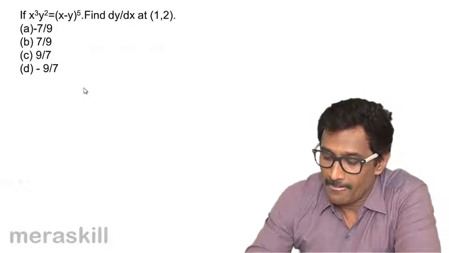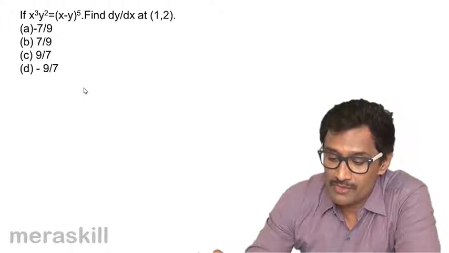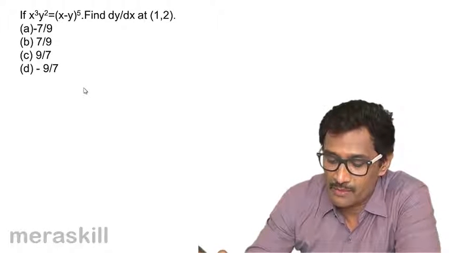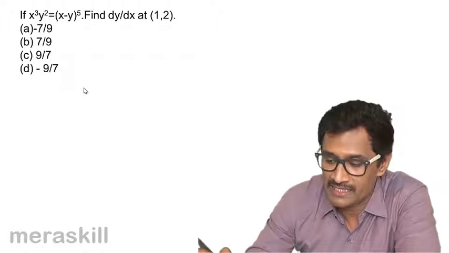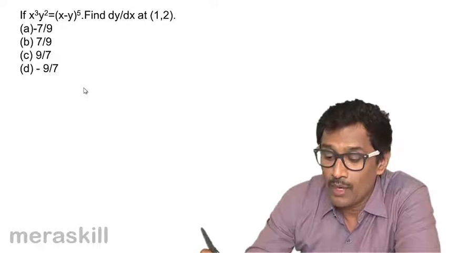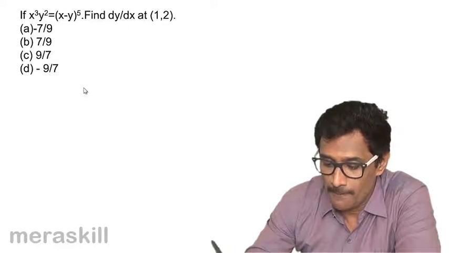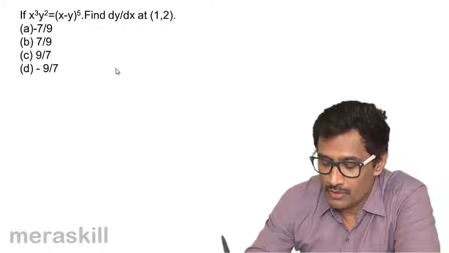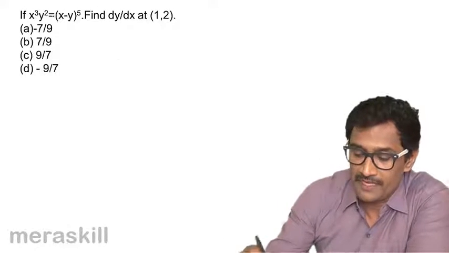Okay. Now here you have x cubed y square is equal to x minus y the whole raised to 5. Find dy by dx at 1, 2. So we need to find dy by dx.